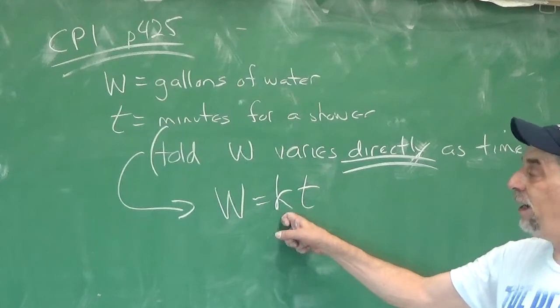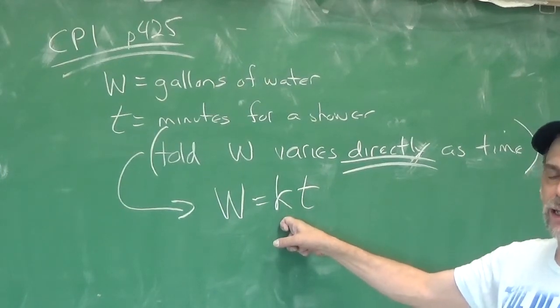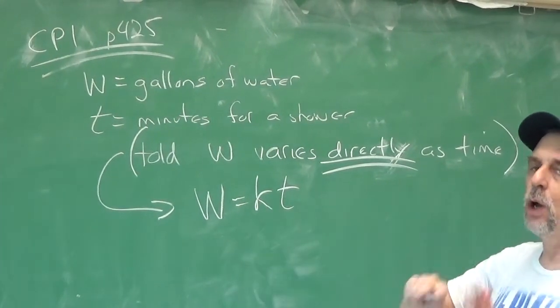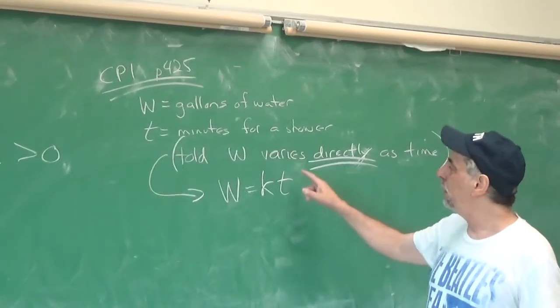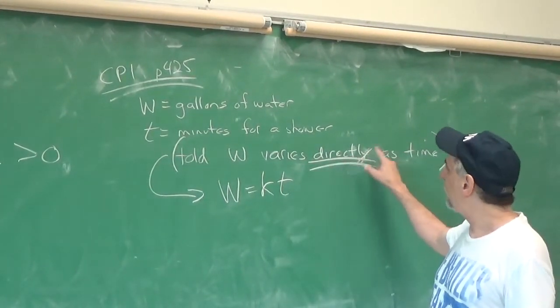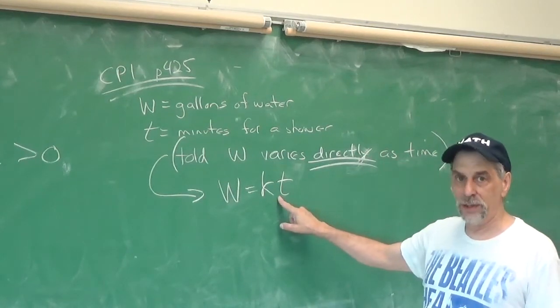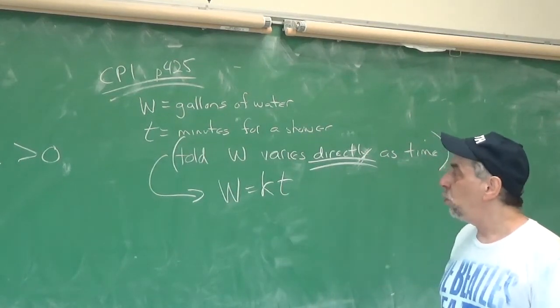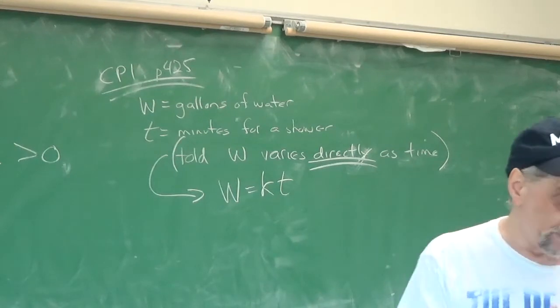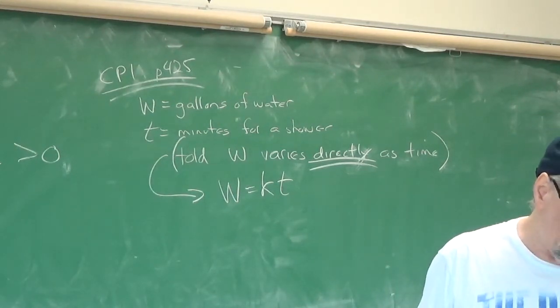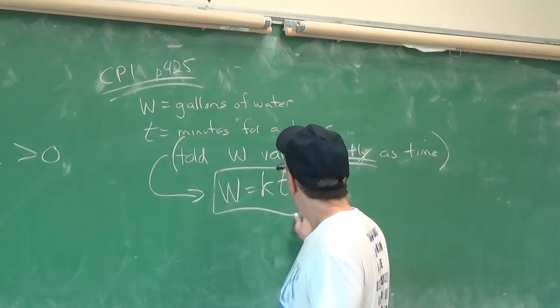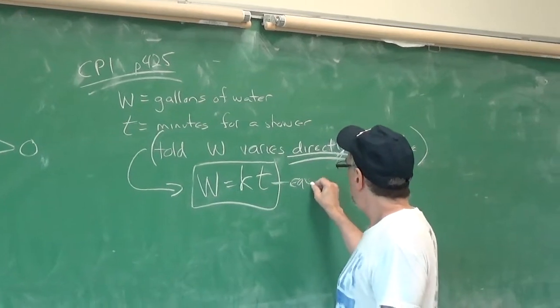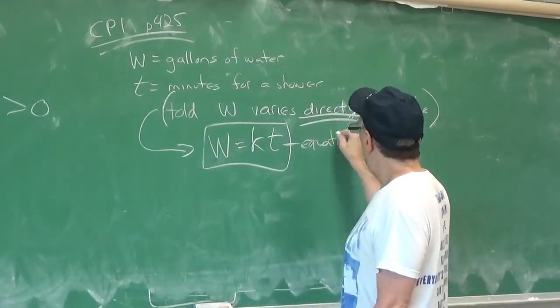Water W equals k. Always put k in the numerator, no matter which kind of variation we're looking at. K is always going to be a positive number. We're told it varies directly as t, so t is also in the numerator. And now we have what we need. Now we're given some information: a shower lasting 5 minutes uses 30 gallons. So this is the equation we want, the equation of variation.